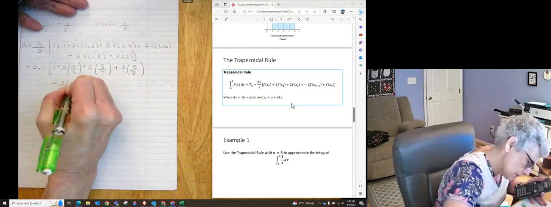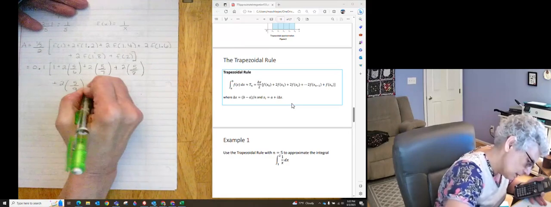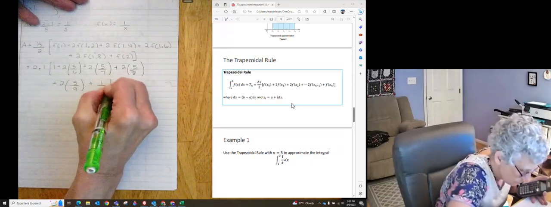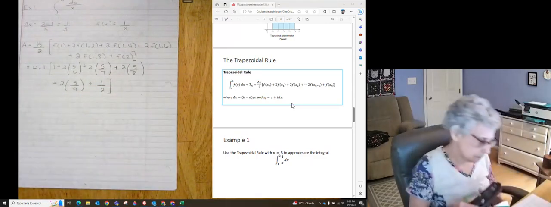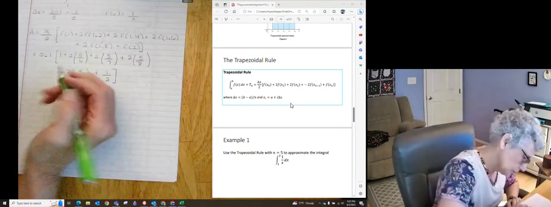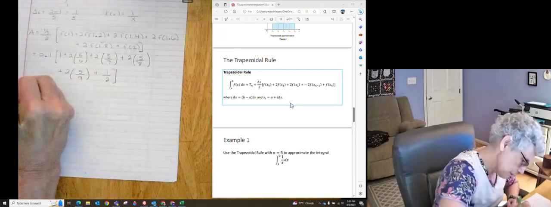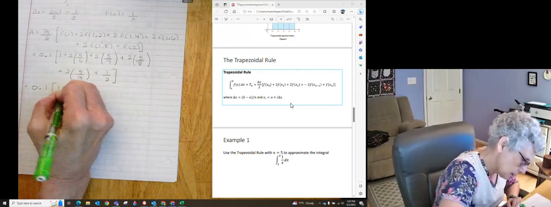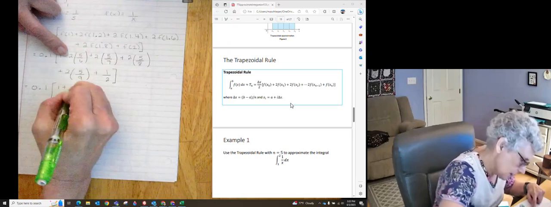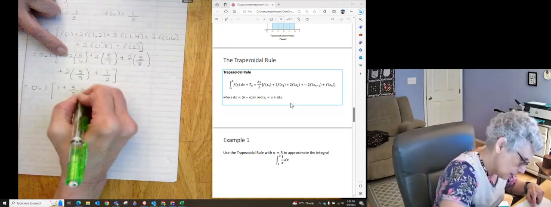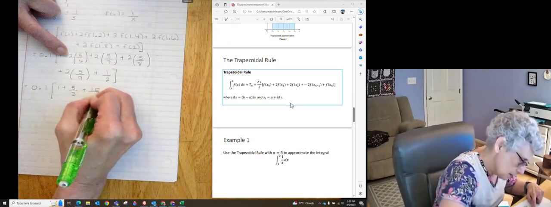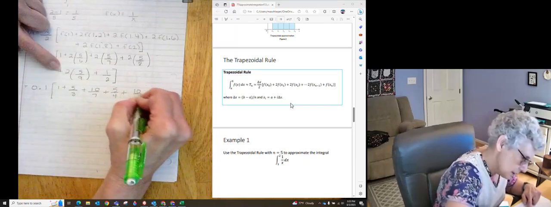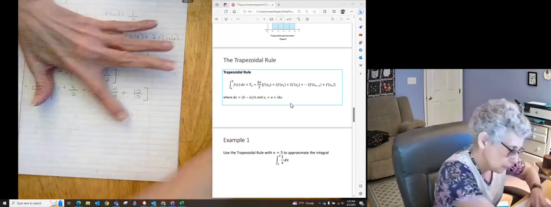Plus 2 over 5/9 plus, and then just 1/2. So 0.1. I'll do some multiplying. 1 plus, we could cancel that and have 5 over 3, 10 over 7, 5 over 4, 10 over 9, and 1/2.